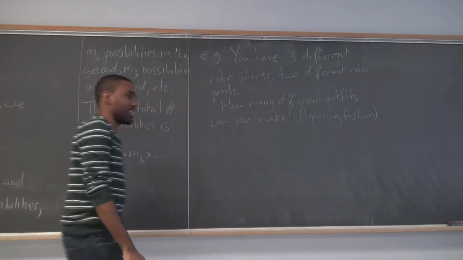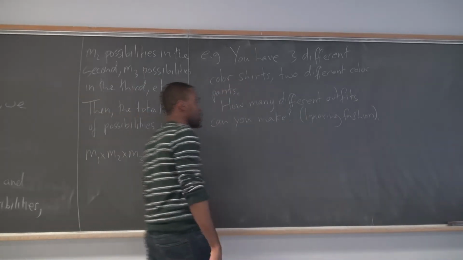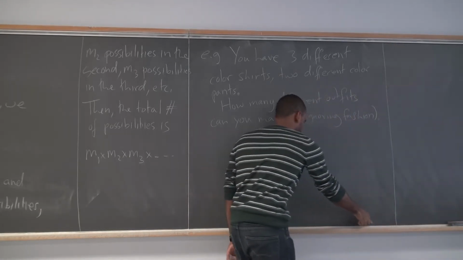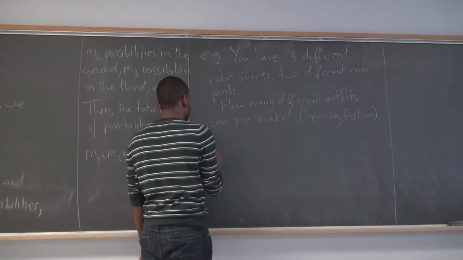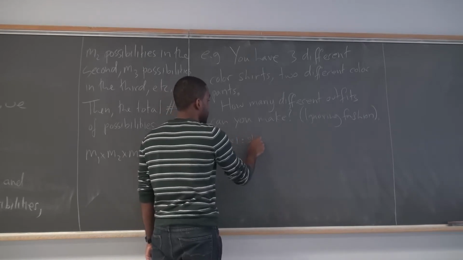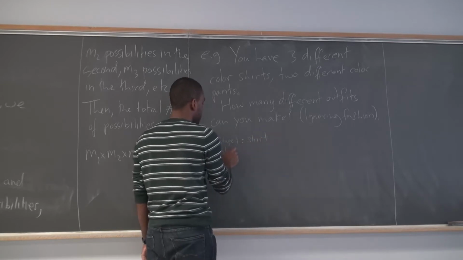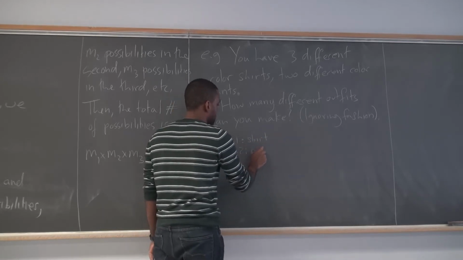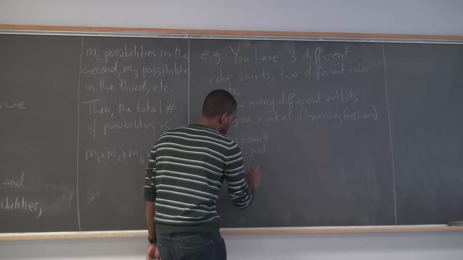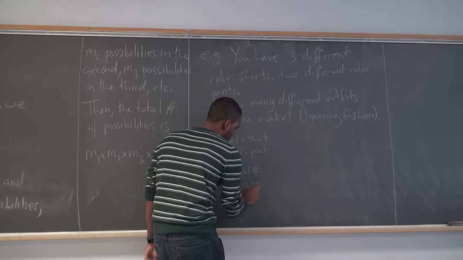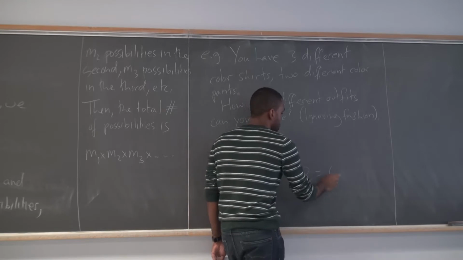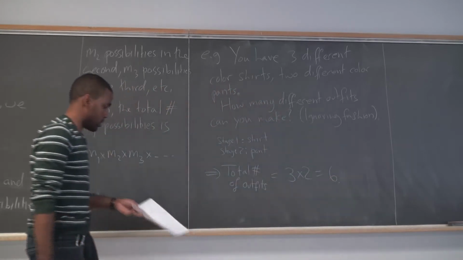No, this color doesn't match that. Ignore that. If you have 3 different color shirts and 2 different color pants, how many different outfits can you make? 6. So in this case, you can think of stage 1 as the shirt stage. You have to pick a shirt. Stage 2 is the pants stage. You have to pick pants. The total number of outfits is just 3 times 2. You make 6 total outfits.